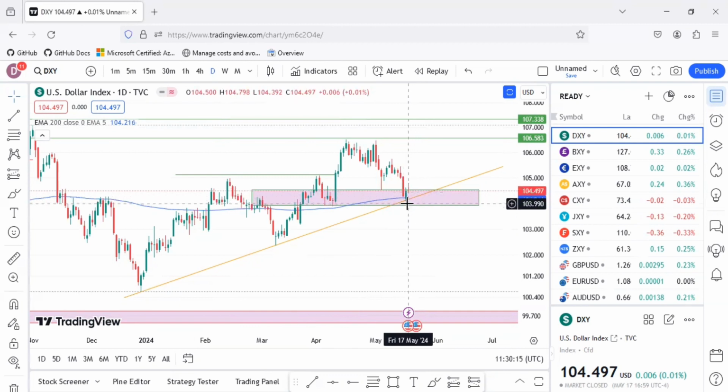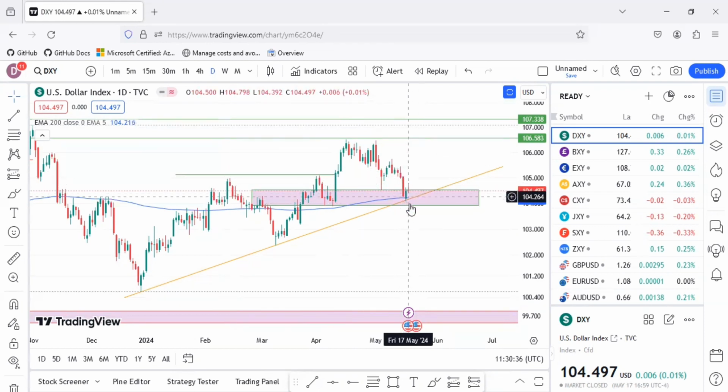So all we need to be looking out for right now is for the DXY to begin to move up from here. Most likely DXY is going to begin to make a bullish move from here, although nobody can say anything yet. It's what the market gives us that we're going to take.